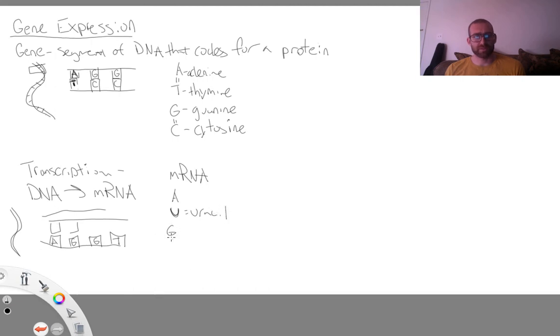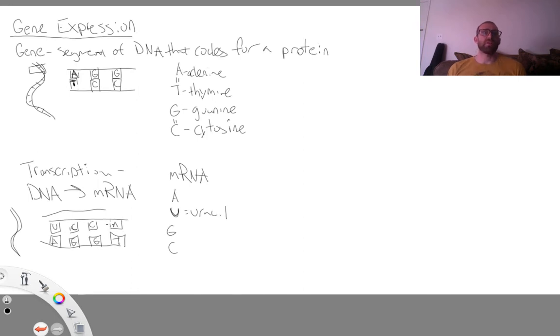And then it also has guanine and cytosine. So essentially, you don't have thymine in messenger RNA. That thymine gets replaced with uracil. That's the difference, right? So you would have a U here. You have a C here, C here. And then you would have an A here.